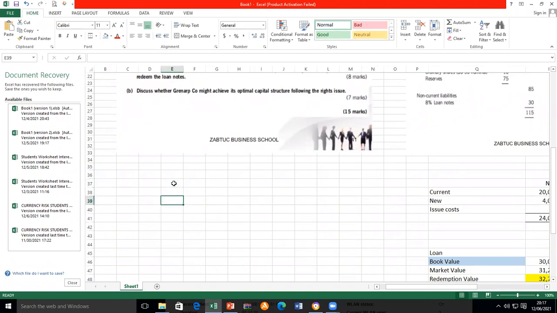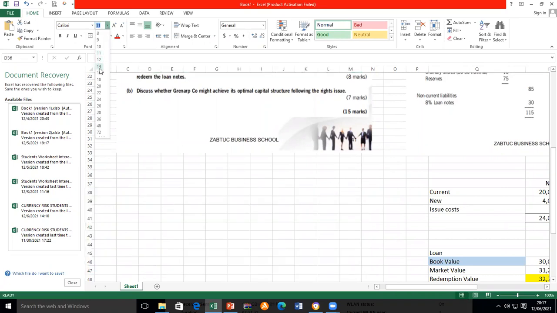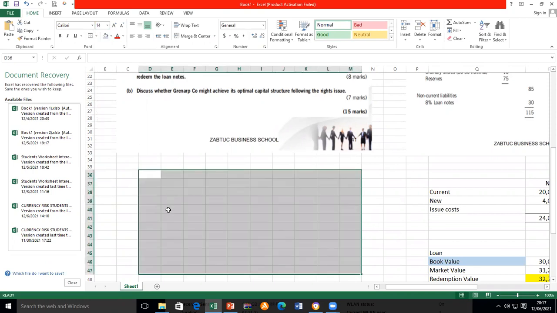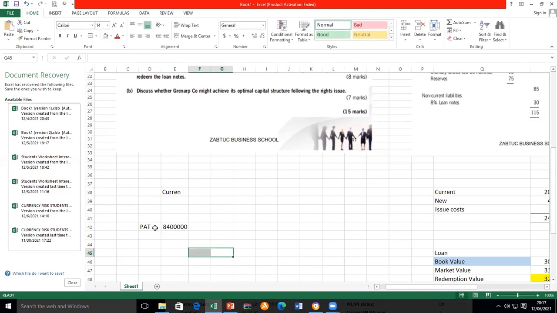What does the figure earnings mean? That's your profit after tax. So this is the current situation. Your profit after tax for this company is 84.